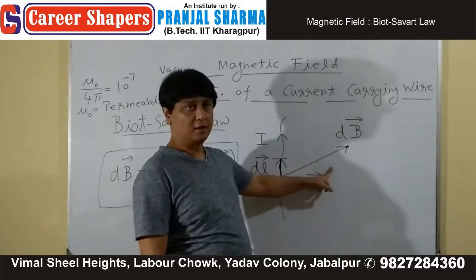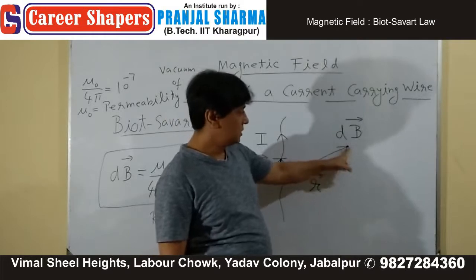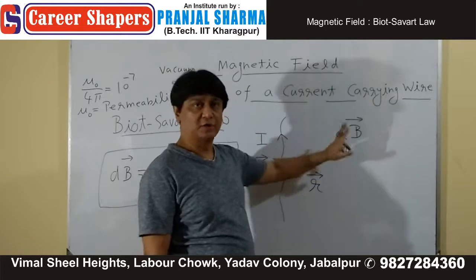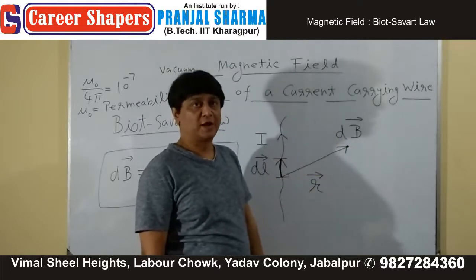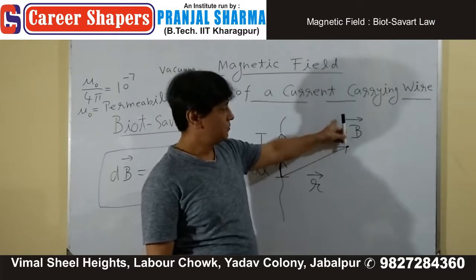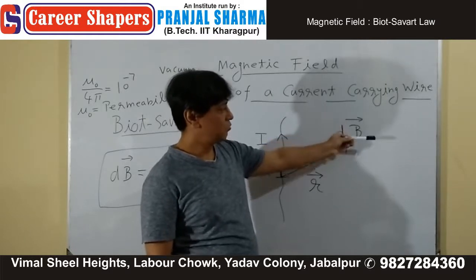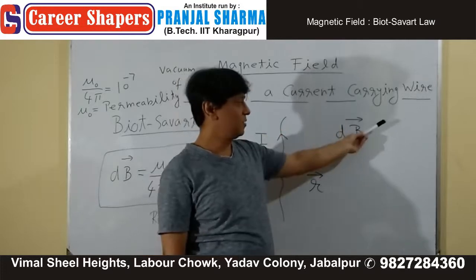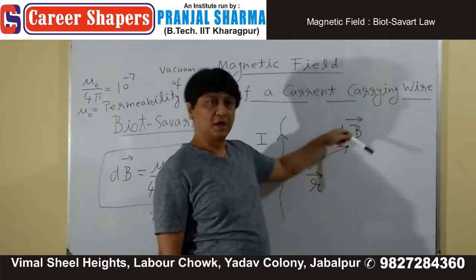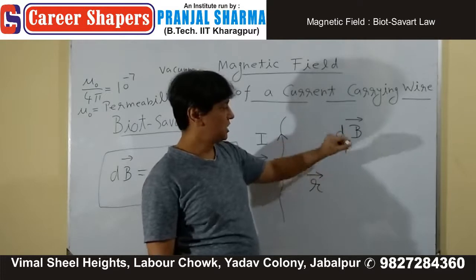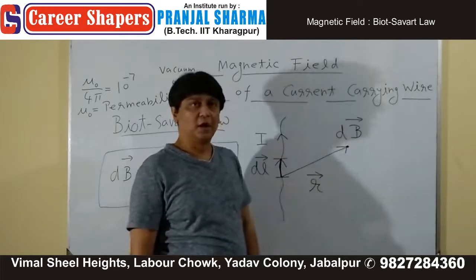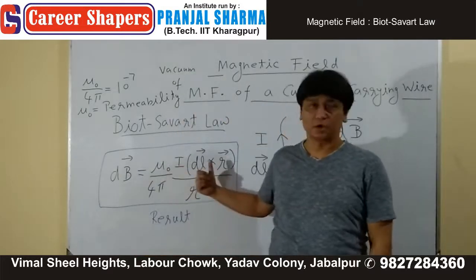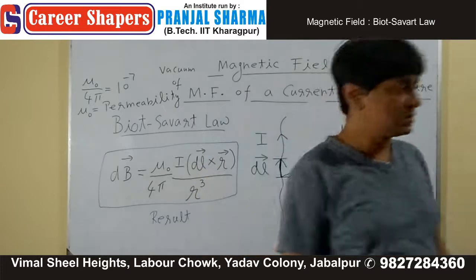So this dB gives me the direction of the magnetic field. What is the direction of dB? Up, down, right, left, towards r, away from r, perpendicular to r, out, in? What is your knowledge about cross product? Try to answer in the comment box.